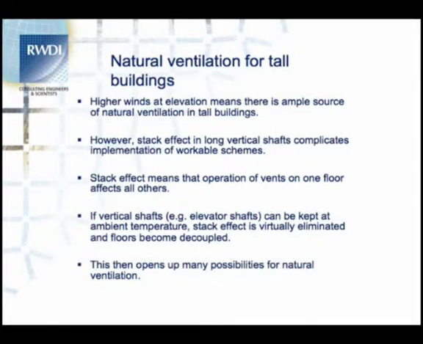And this means that if you have vertical shafts, like elevator shafts running up the building, and you start giving the occupants options to open the windows in their unit, when they open a window in their unit, they're going to affect a whole lot of other units all the way up the building, which makes use of operable windows and operable vents by the tenants or occupants difficult.